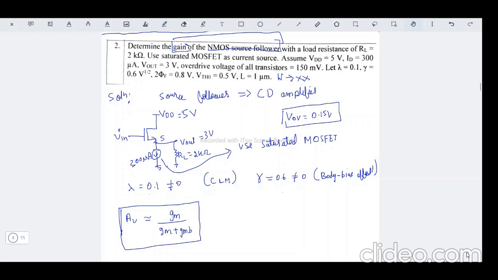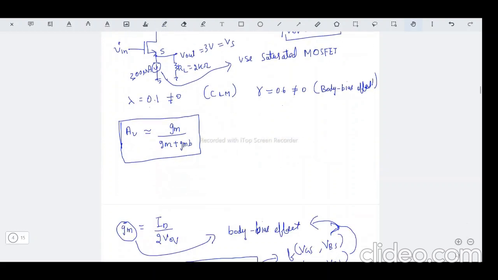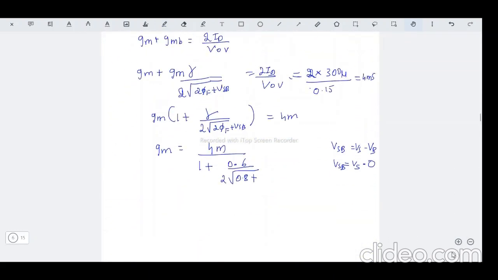Vout they have given in the question as 3 volts, so automatically this would be the value of Vs. So we got Vs as 3 volts, which is also the same as VSB. So VSB would be 3. When we evaluate, this would come around as 3.4665 millisiemens.